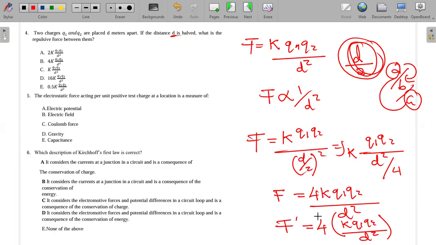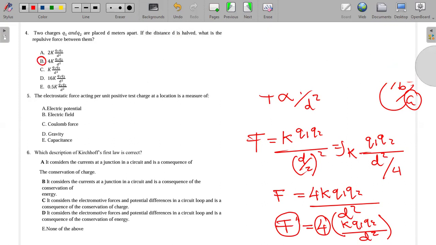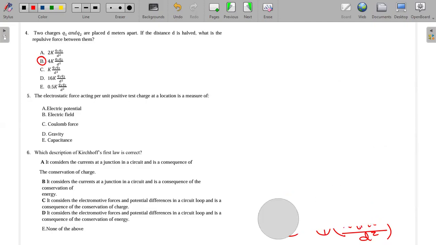So apparently our new repulsive force when the distance is halved is going to be equal to 4 times the initial repulsive force that we had here. So our correct answer here is option B.